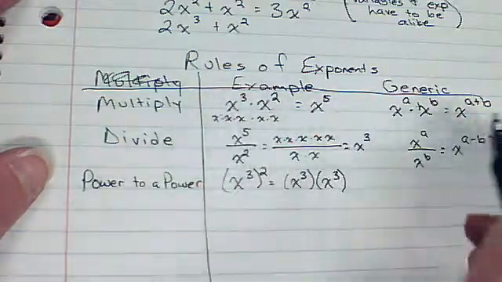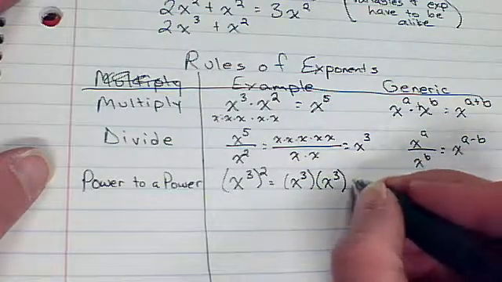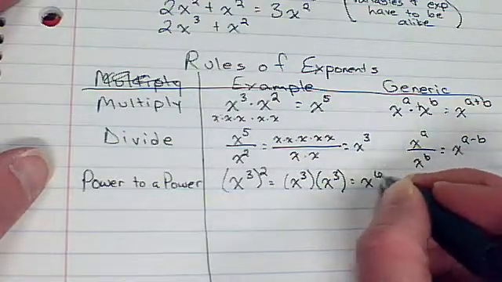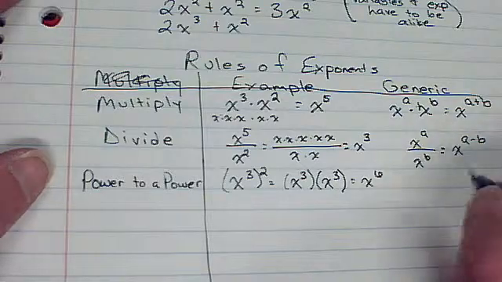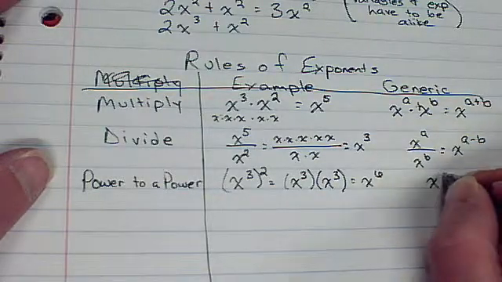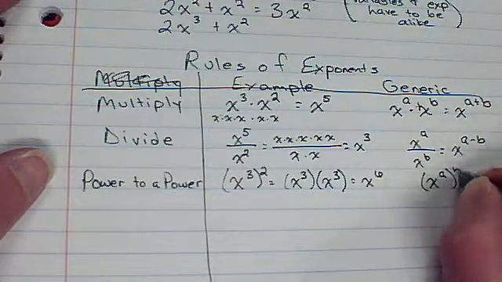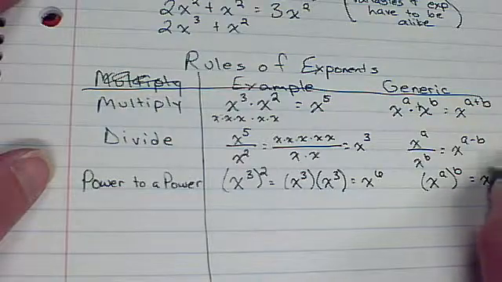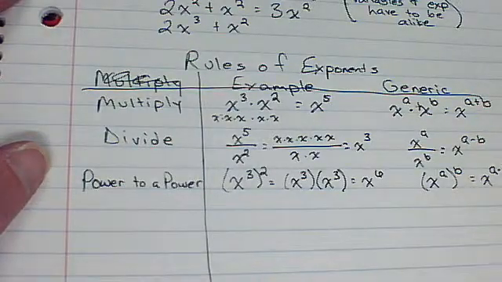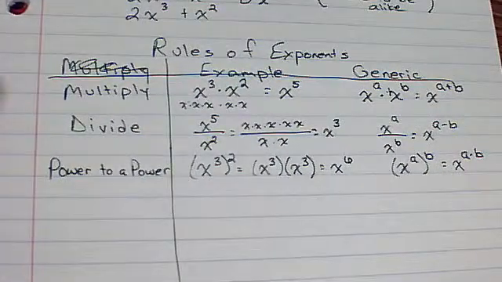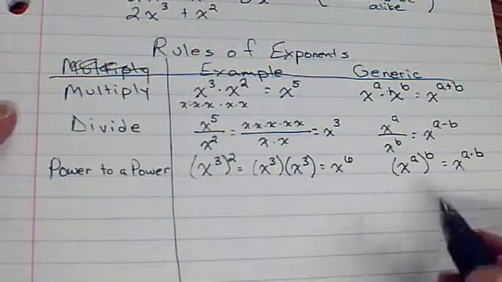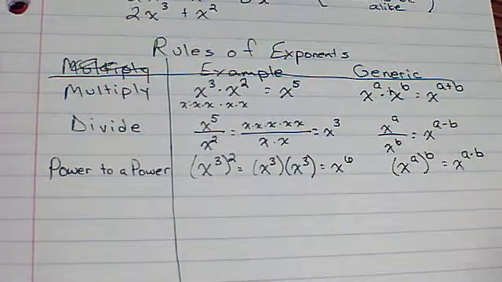And we just talked about if we're multiplying them, we add the exponents. So that would be x to the 6th. So the rule there is when we have a power to another power, you're going to multiply. The way I've told my students to remember that is 2 in the sky, you multiply.